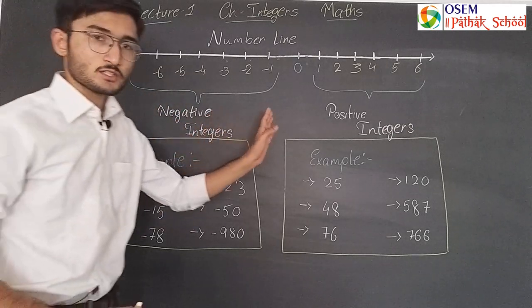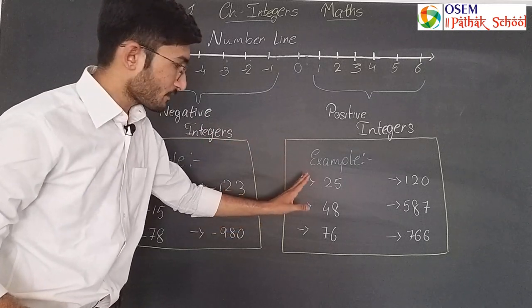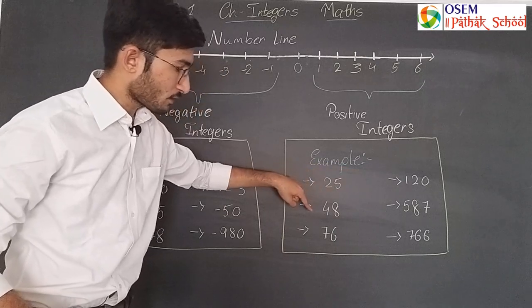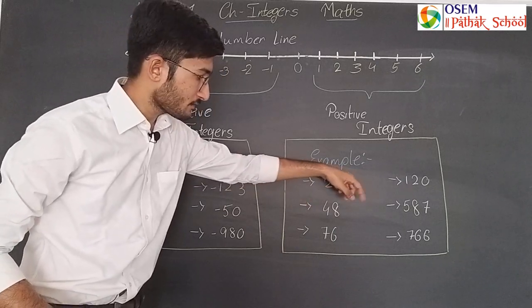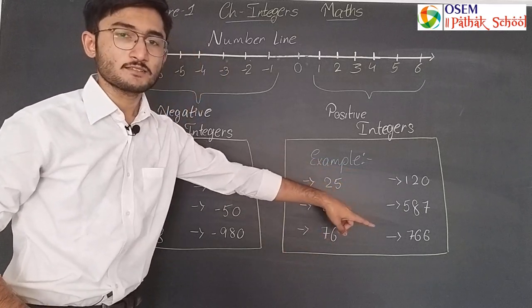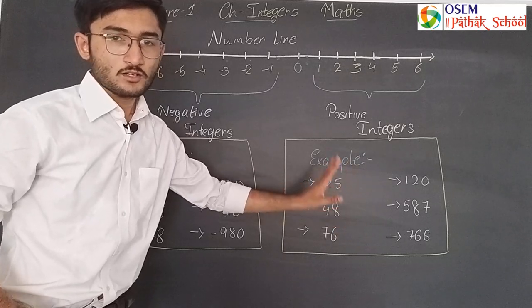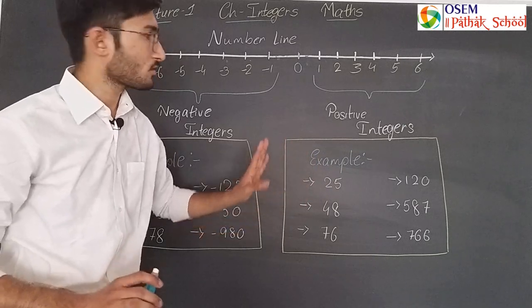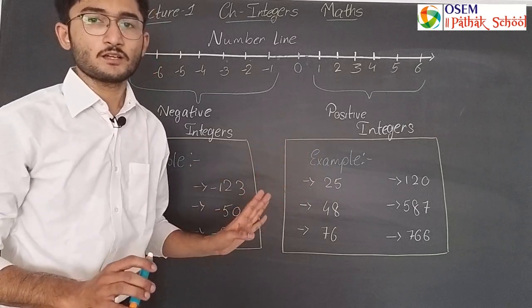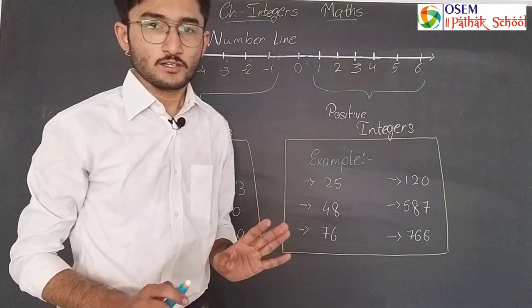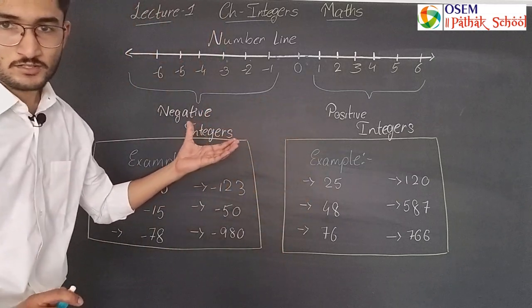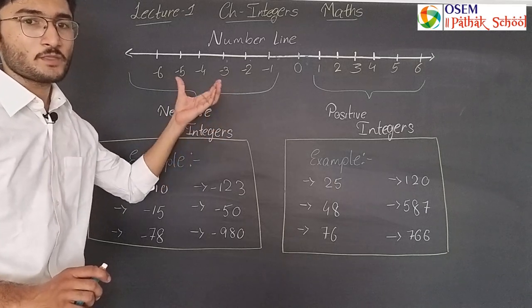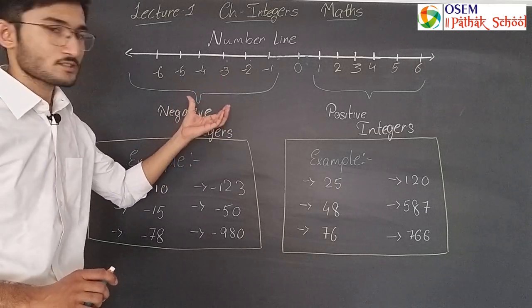When we come to the positive integers, the examples are 25, 120, 48, 587, 76 and 766. Here also the numbers can be 2-digit, 3-digit, 4-digit and so on. We can take whichever numbers we want. So, this was the general introduction to integers. You have to represent each and every integer on the number line according to your questions.